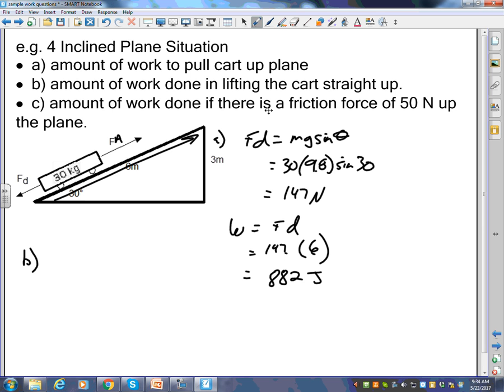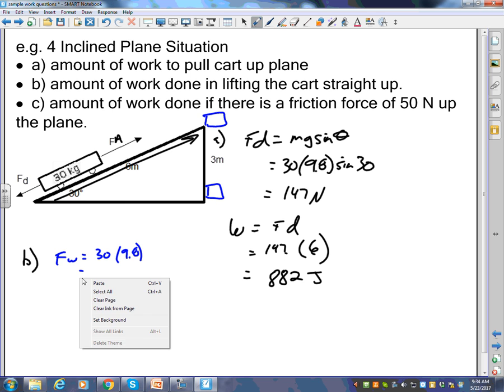What if you have the cart right here and you simply lifted it? Well, the force required would be the weight force. It's a large one. It's 30 kilograms times 9.8, 294.